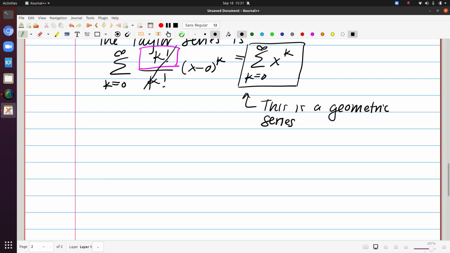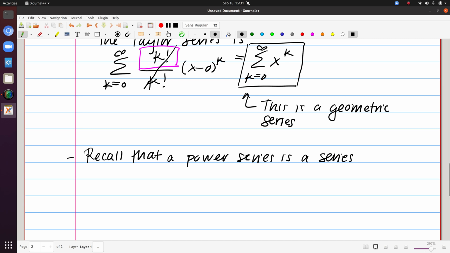So coming back to what we've seen before, a power series is a series of the form sum from k equals 0 to infinity of c sub k times x minus a to the k.